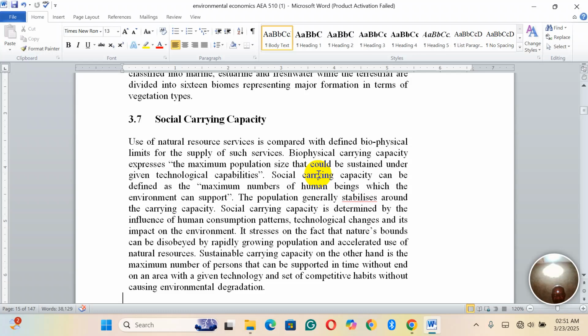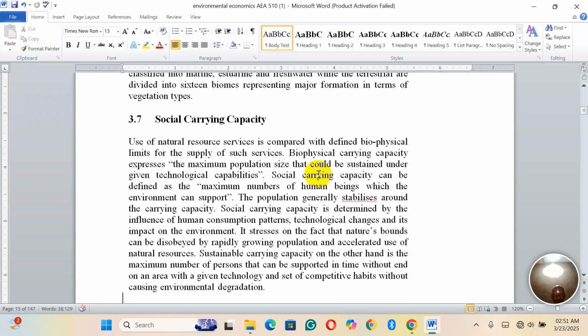So social carrying capacity can also be defined as the maximum number of human beings which the environment can support. The population generally stabilizes around the carrying capacity. Social carrying capacity is determined by the influence of human consumption patterns, technological changes, and their impact on the environment. Its stress on the natural base can be worsened by a rapidly growing population and accelerated use of natural resources.